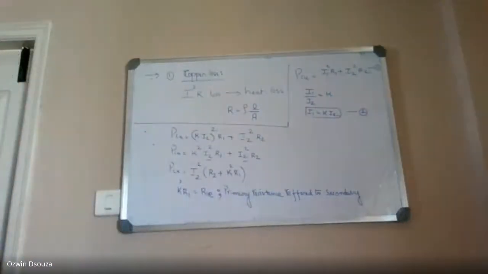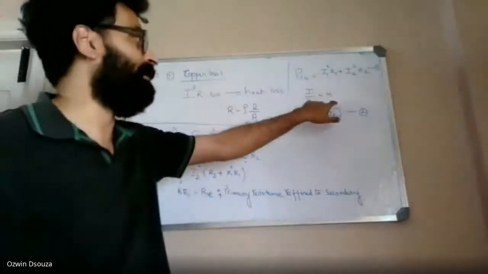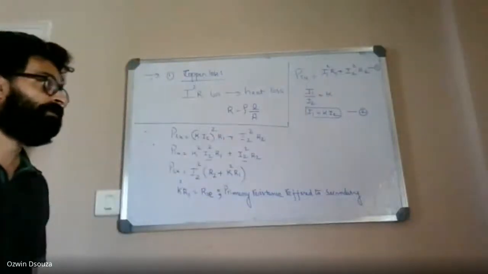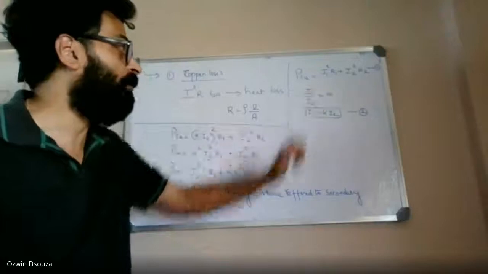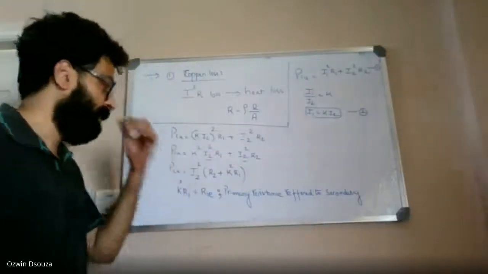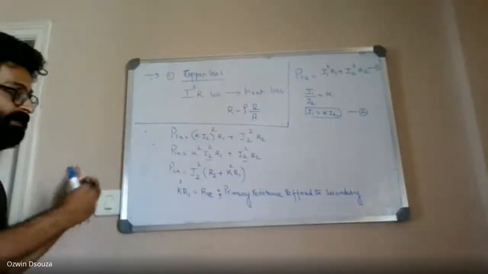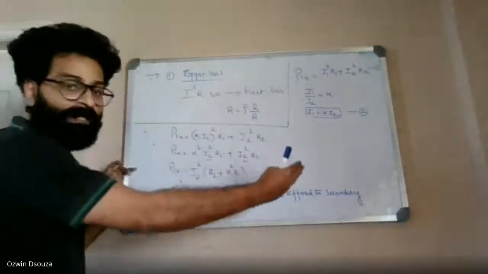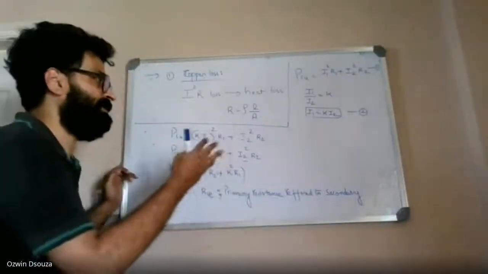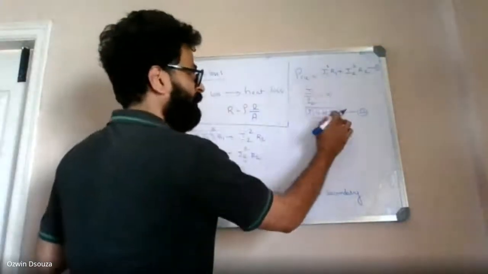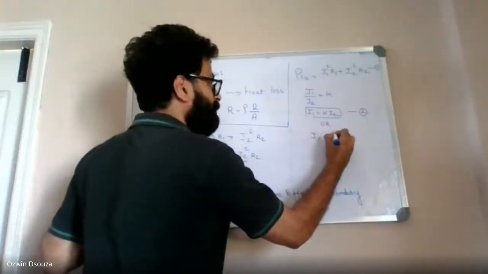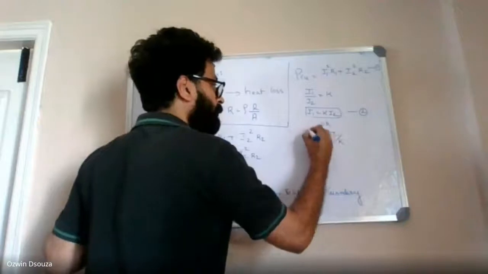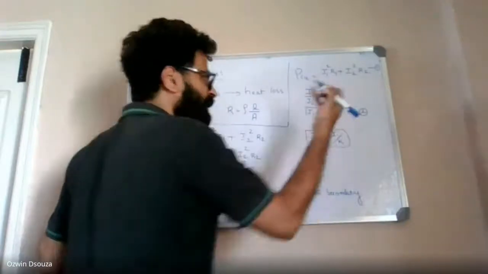Now you can actually appreciate the role of transformation ratio K. With the help of transformation ratio K, it is possible to refer the primary resistance onto the secondary side and vice versa. In the sense, in place of I1, you can perhaps even substitute I2 is equal to I1 by K. This also you can do.